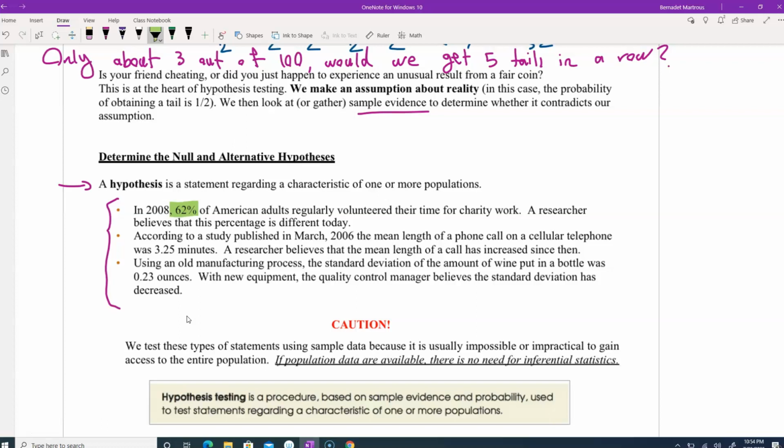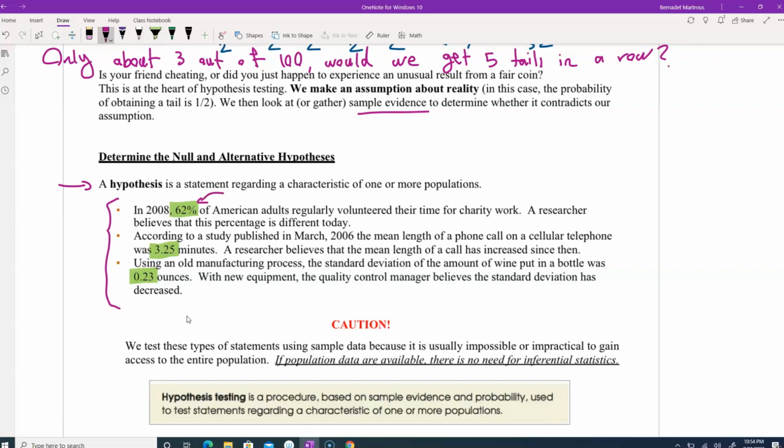What I have here is 62%. And here, according to a study published, the mean is 3.25. And the third one is the standard deviation, which is 0.23. So we have these three.